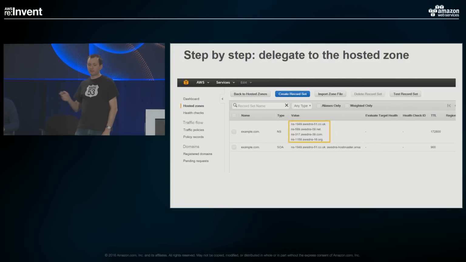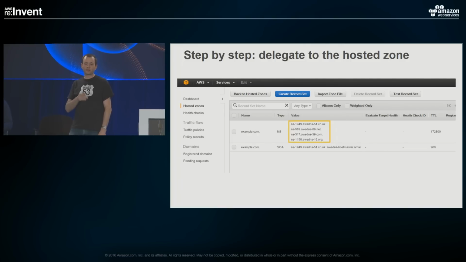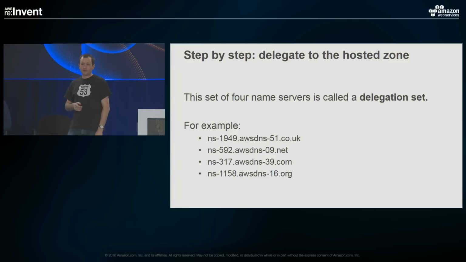Again, the name server addresses are going to be listed for your hosted zone in that NS record in your hosted zone. The 4 name servers, the term for that set of 4 is called a delegation set. Again, that delegation set is going to be unique to you as a customer. No other customer's hosted zone will share that same set of 4 name servers. This carries some benefits.